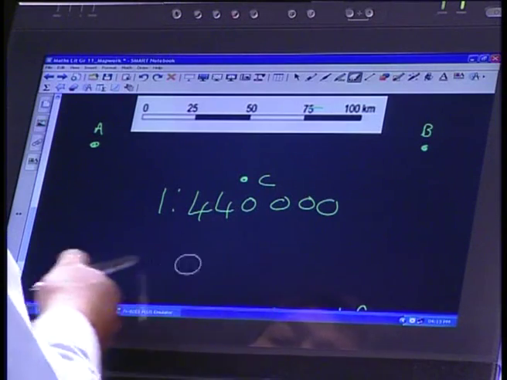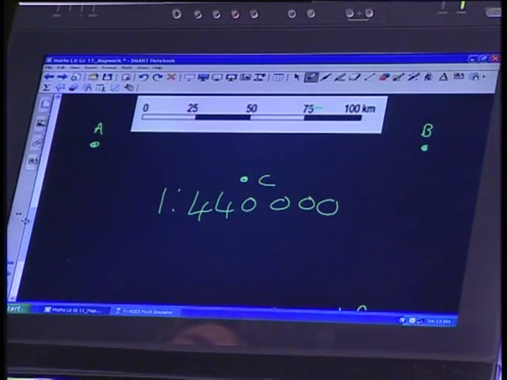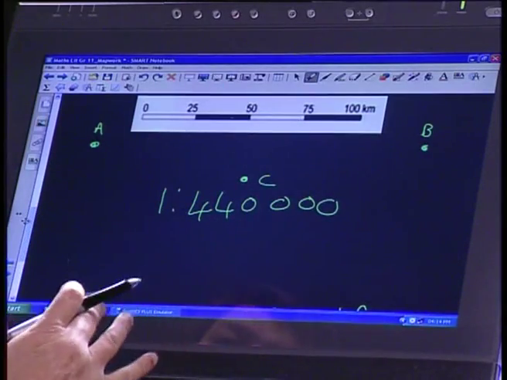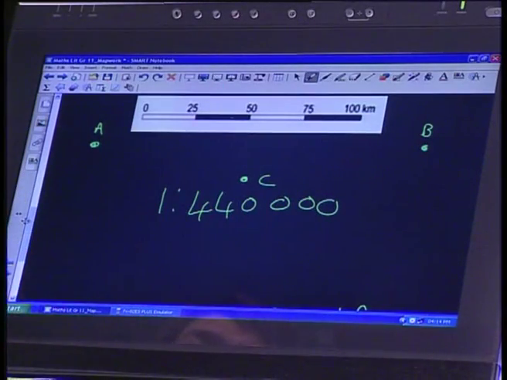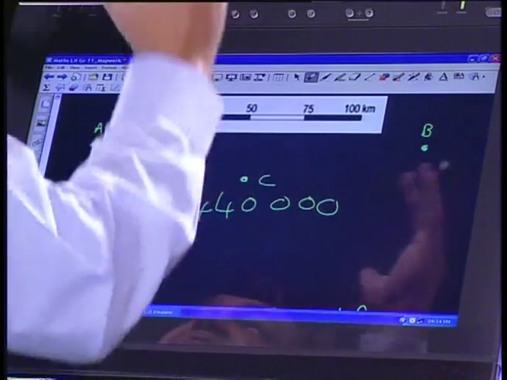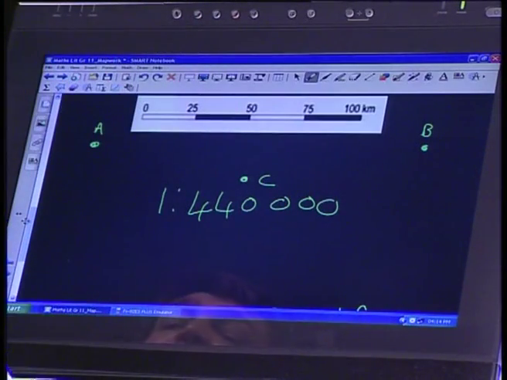And again, let's just rub all this stuff out here. Now, folk, I'm going to do my little magic trick again. I'm going to reduce this whole picture. When we reduce it, we know that this scale is going to get smaller. We know the distance between A and B is going to reduce, the distance between A and C is going to reduce, and the distance between C and B is going to reduce.